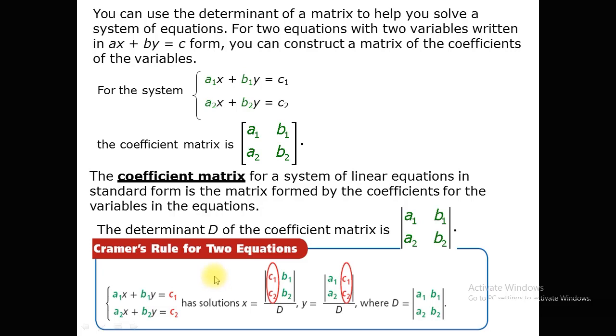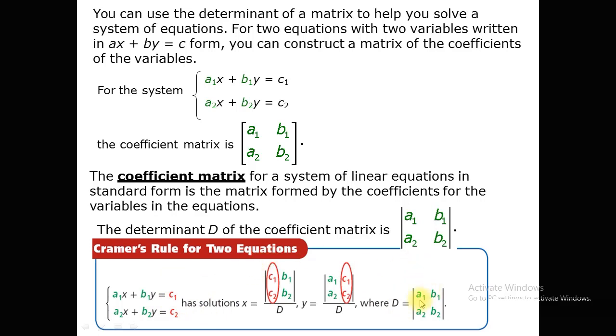Dx is obtained by replacing the x coefficients in the first column of the matrix D with the constants from the right hand side of the equations.